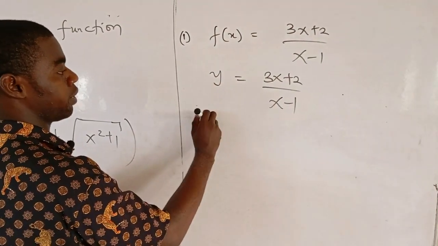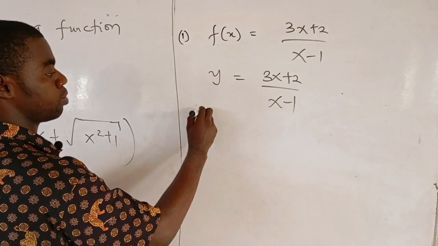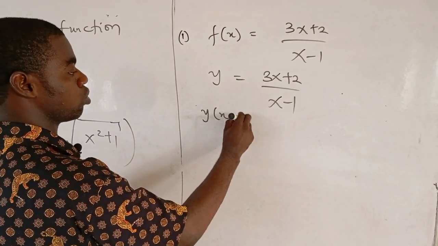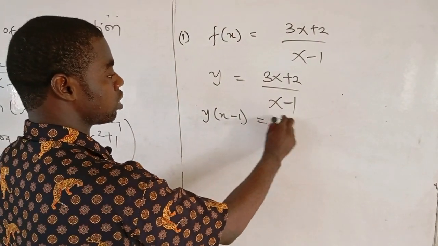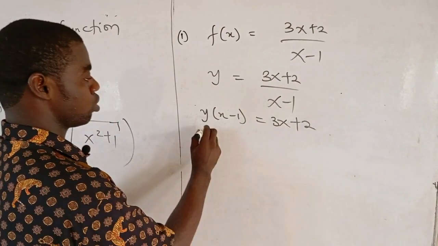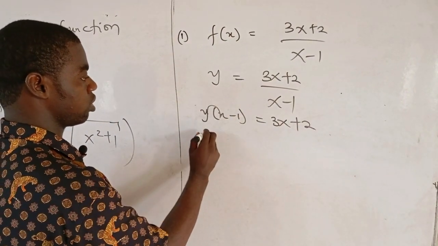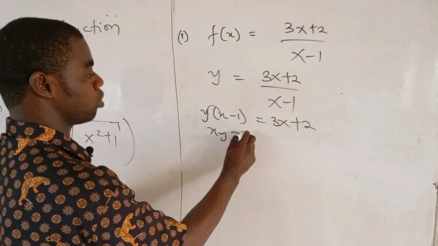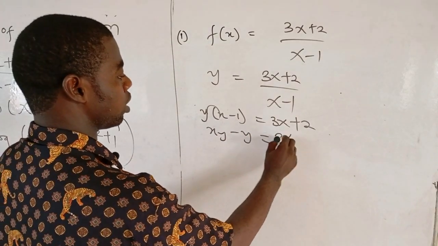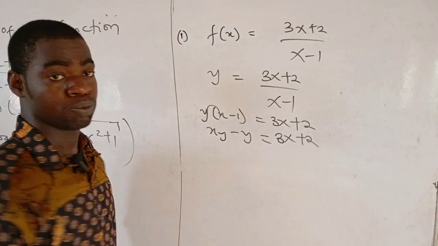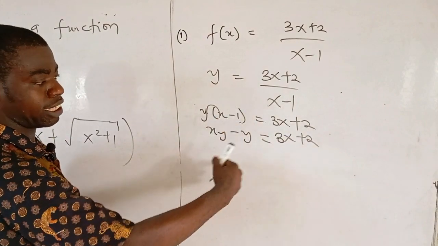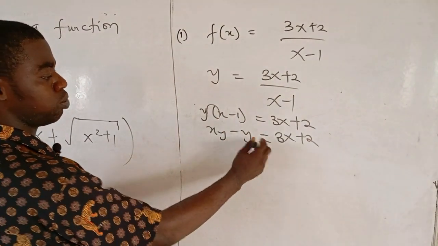If we cross multiply, we have y into x minus 1 equal to 3x plus 2. So this is xy minus y equal to 3x plus 2. We can collect like terms and our 3x moves over this way.